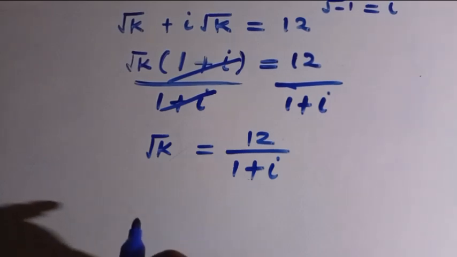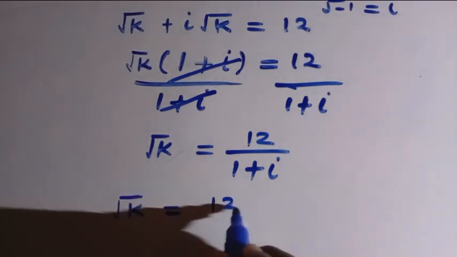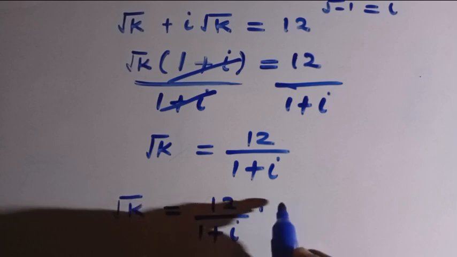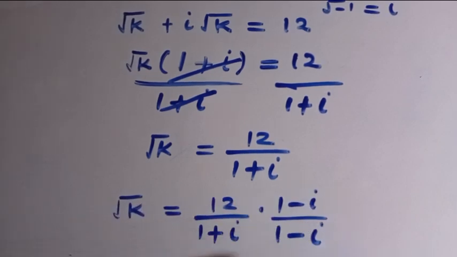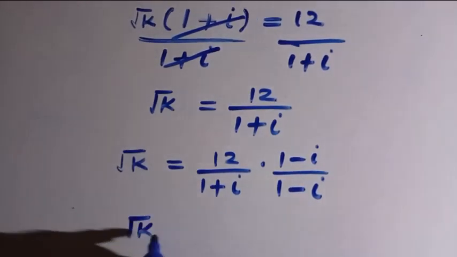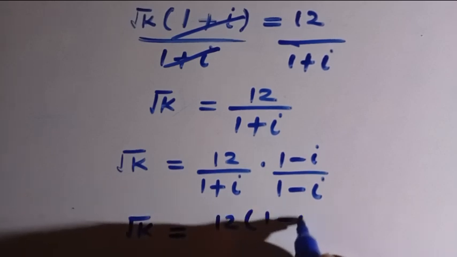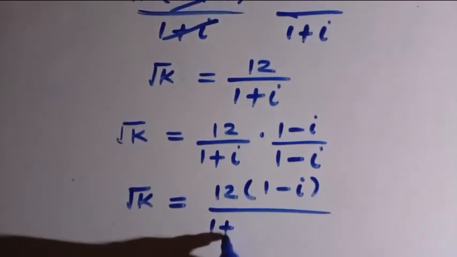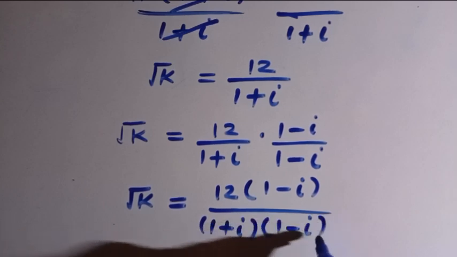So let's try and rationalize this. Square root of k equals 12 divided by 1 plus i, multiplied by 1 minus i divided by 1 minus i. So then we multiply above together. We have square root of k equals 12 multiplied by bracket 1 minus i, and also we have 1 plus i multiplied by 1 minus i.